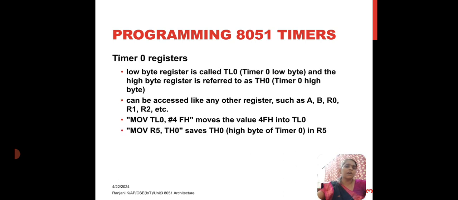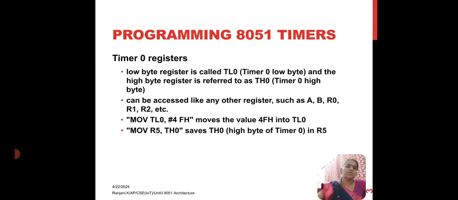Next, the timer 0 register: the lower byte register is called timer 0 low byte, that is TL0, and the high byte register is referred to as TH0. So it can be accessed like any other register, such as the accumulator, B register, R0, R1 and R2.